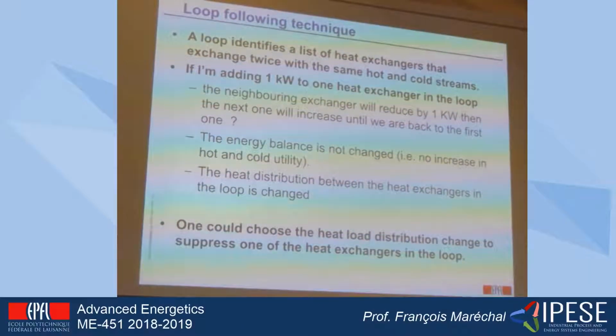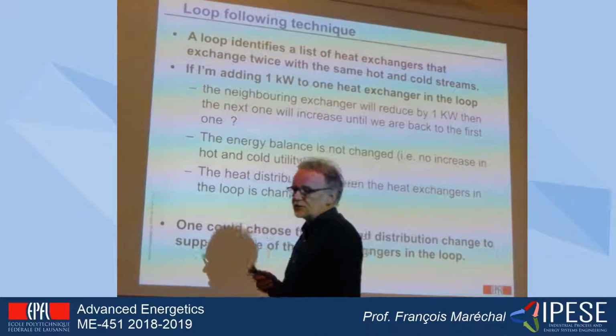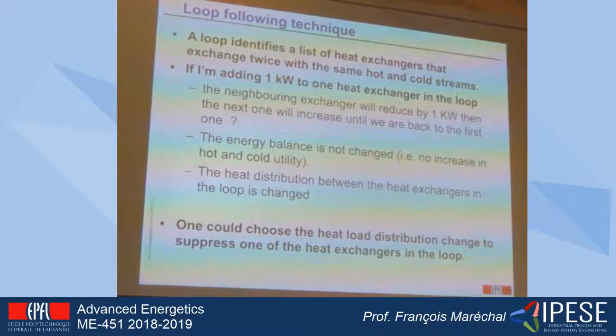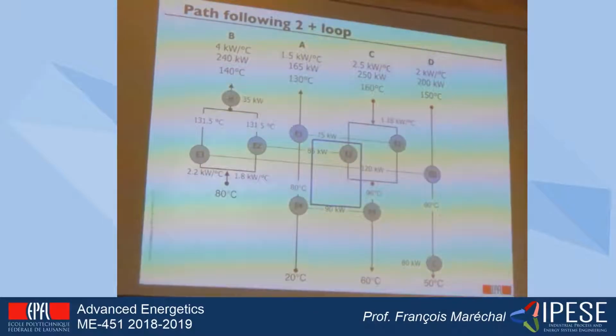There is a second technique that can be used in order to identify which heat exchangers to remove, and this technique is what we name the loop in the network. An example of this loop is the fact that stream A and stream C exchange twice, via the exchanger E1 and in addition via the exchanger E4.